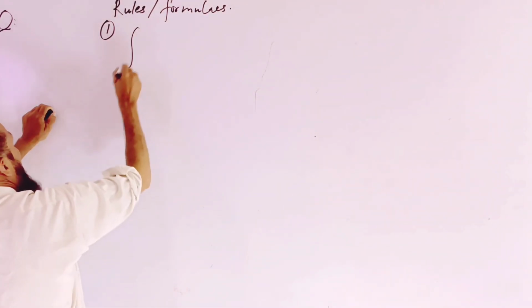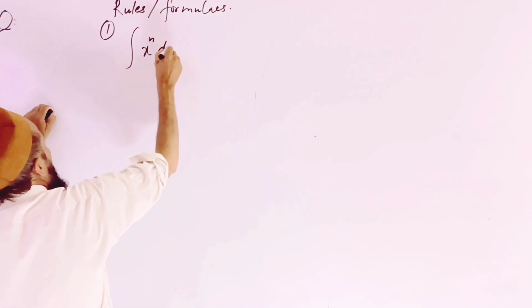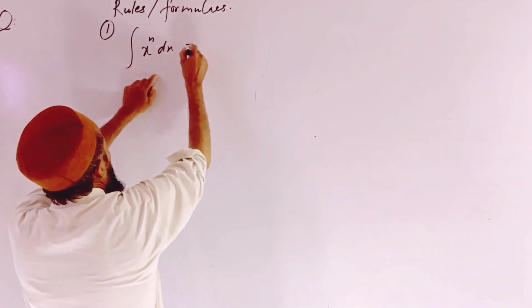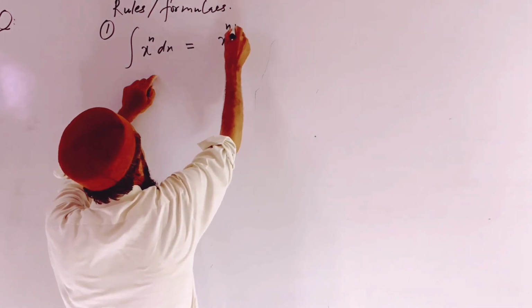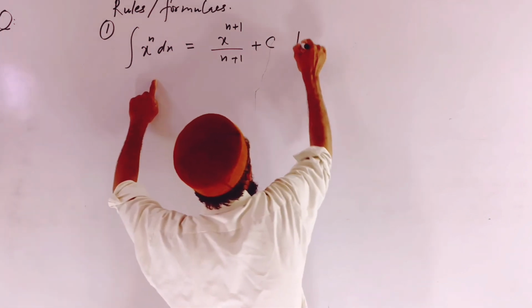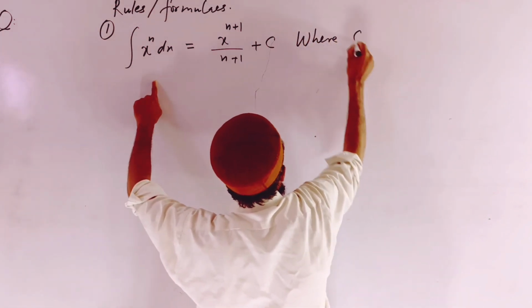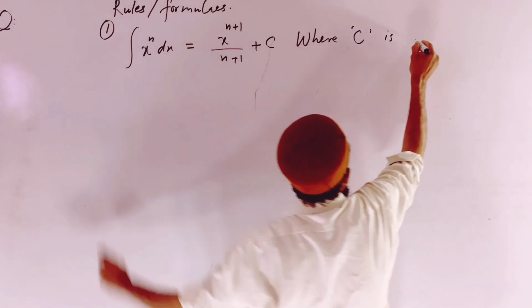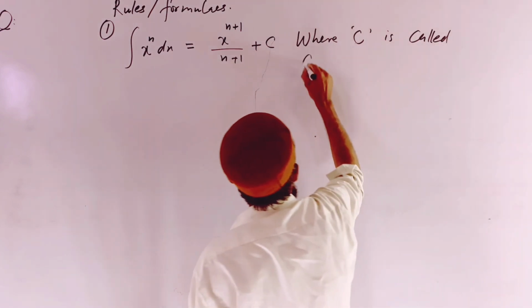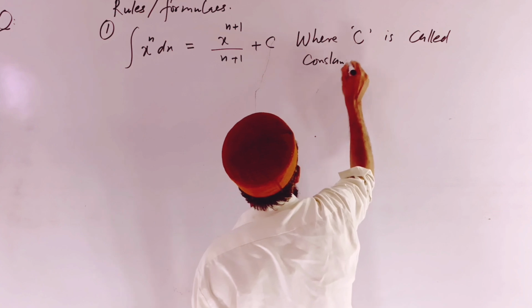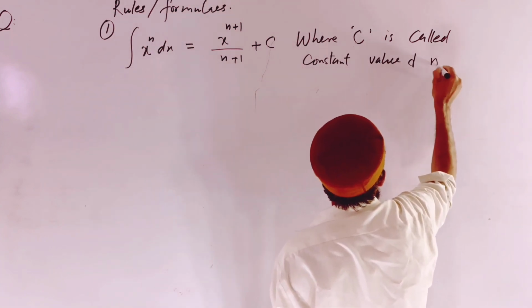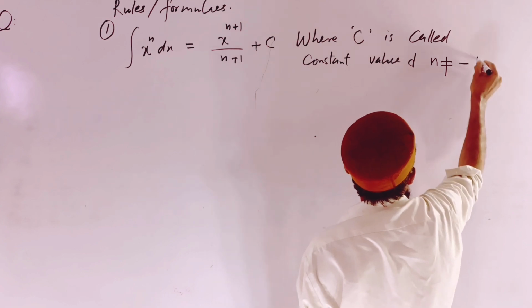The first rule, the power rule or exponent rule: integration of x power n dx is equal to x power n plus 1 divided by n plus 1 plus c, where c is called the constant value, and n is not equal to minus 1.